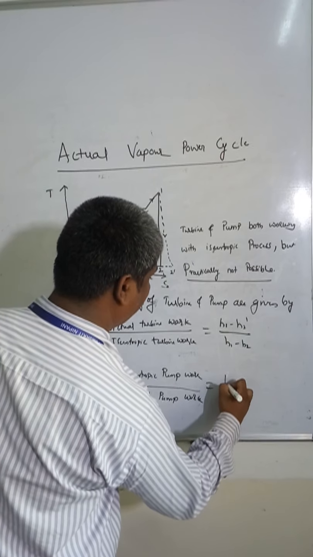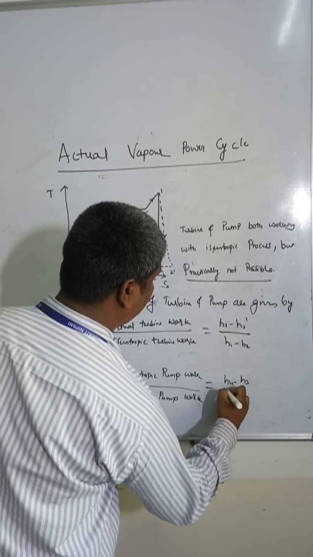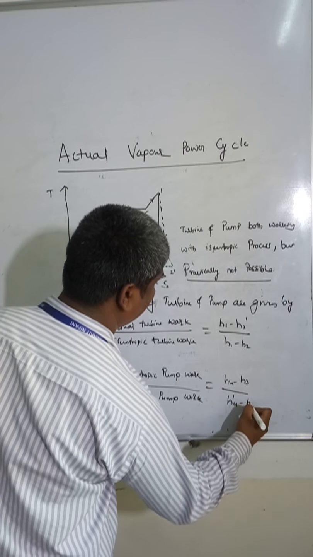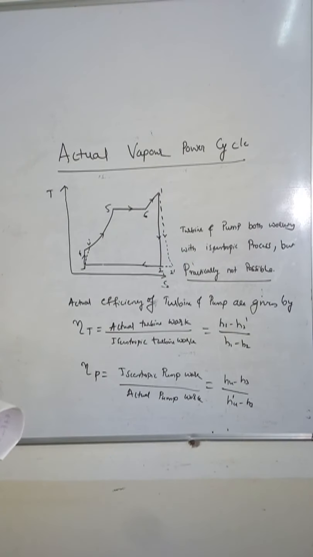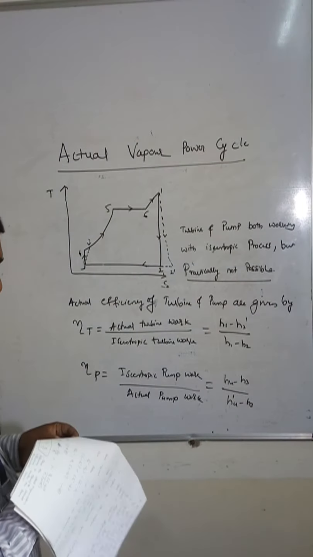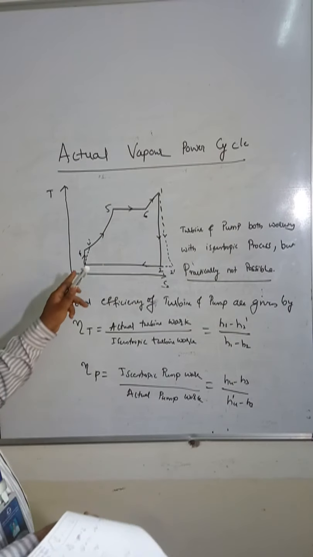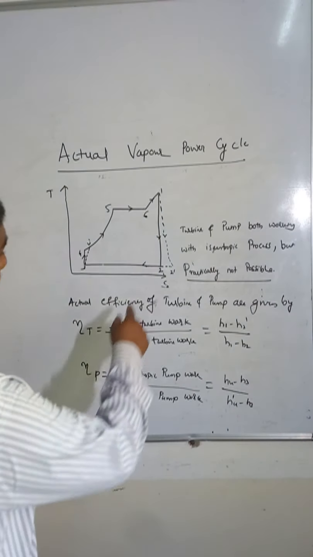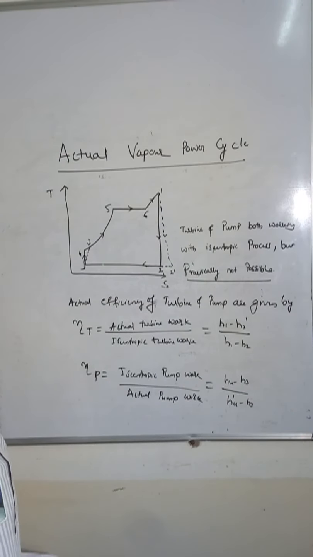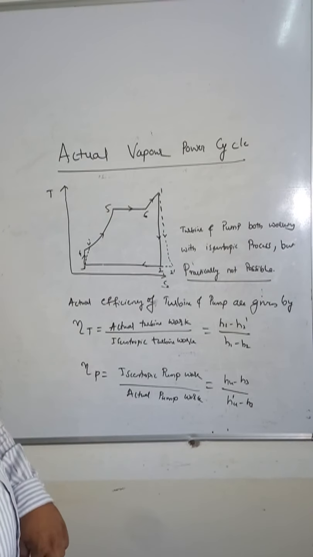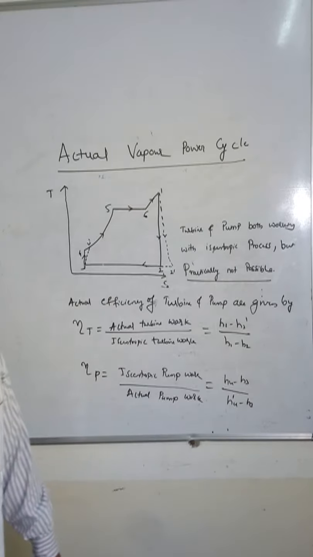Isentropic is H4 minus H3, here H4 dash minus H3. So this is the actual vapour cycle. So here there are two isentropic processes that we have converted into the actual case, and while solving problems further we solve the actual problems. While solving that, it will become more and more clear.